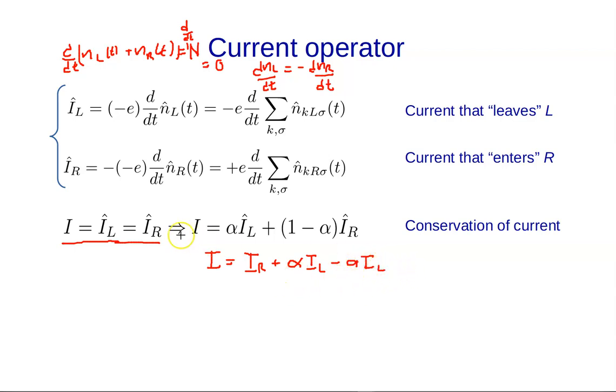But since I_L equals I_R, this is also equal to I_R plus alpha I_L minus alpha I_R, which gives me precisely this expression here. So this is just another way of expressing the current as alpha I_L plus (1 minus alpha) I_R. It might seem that I'm doing nothing here, but if we choose the alpha in a special way, this will solve many problems.